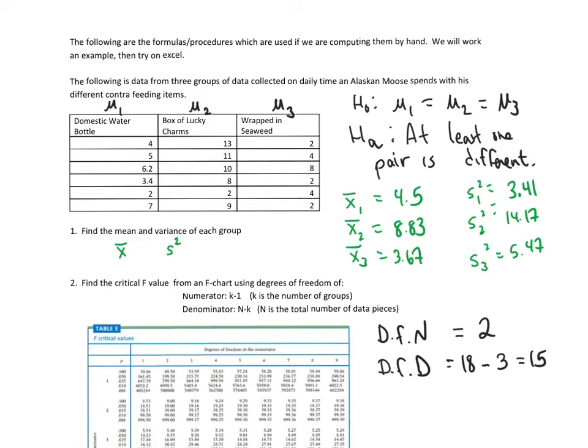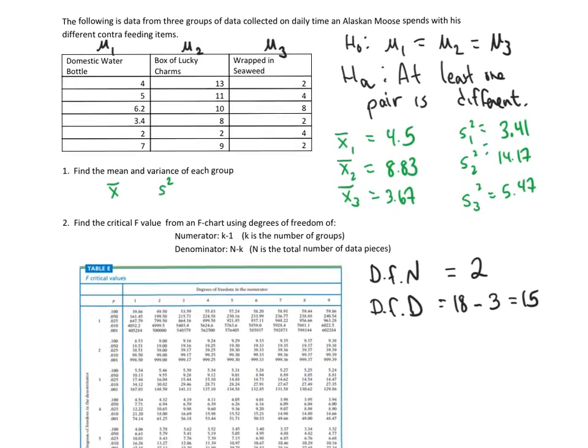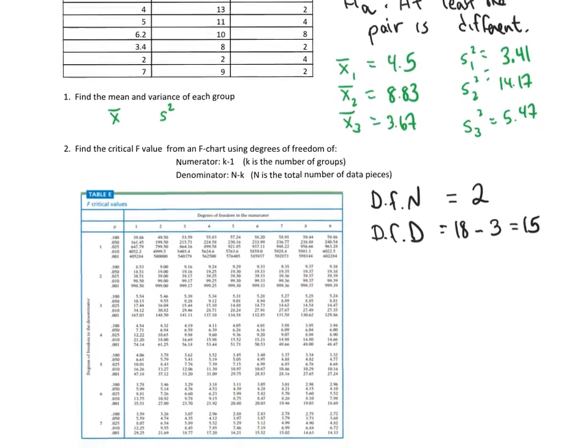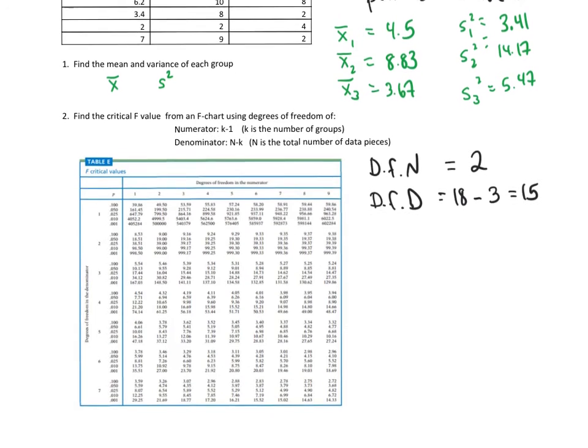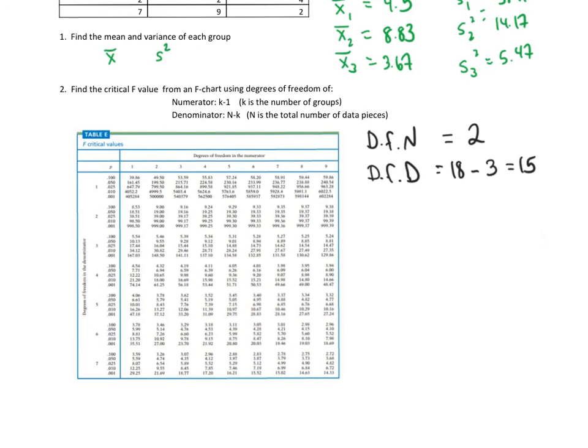So from this chart, I can figure out which of these numbers is going to be my critical value. Now, if you look at the left side of this chart, it says degrees of freedom in the denominator. So on this first part of the chart, I do not see 15 for the denominator term.